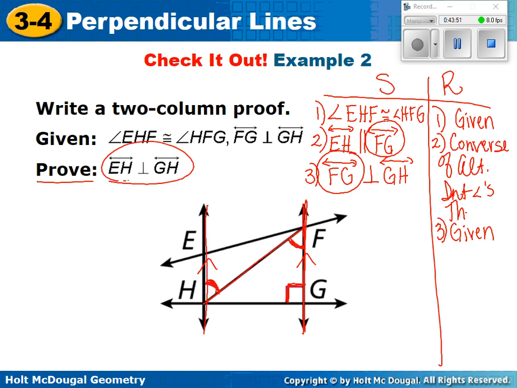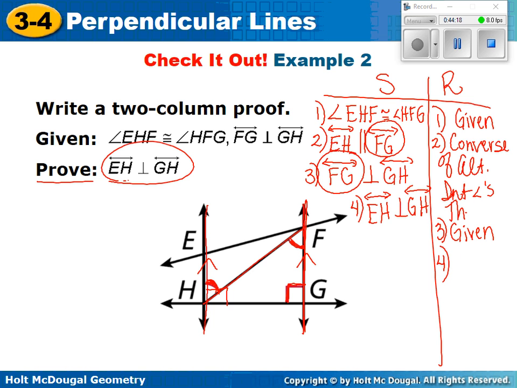Exactly. So if we have a pair of parallel lines and we have a line perpendicular to one of them, then that line, that transversal, is now perpendicular to the other one. So the two that were not in common, EH is now going to be perpendicular to GH. So EH now has to be perpendicular to GH.